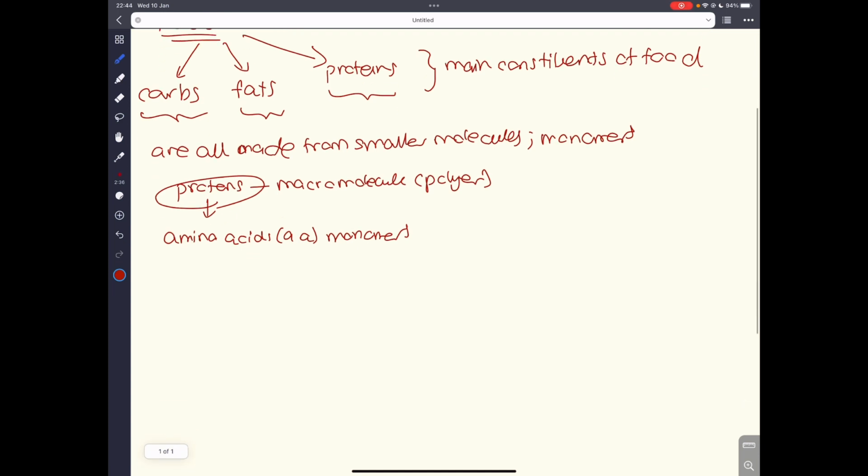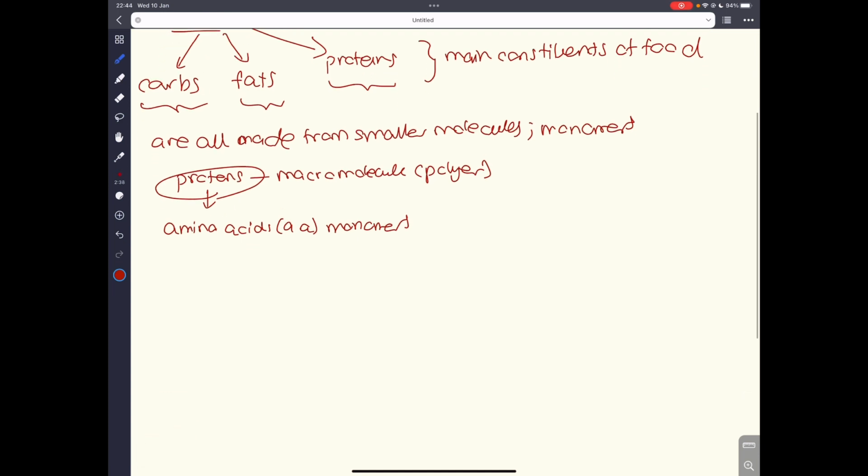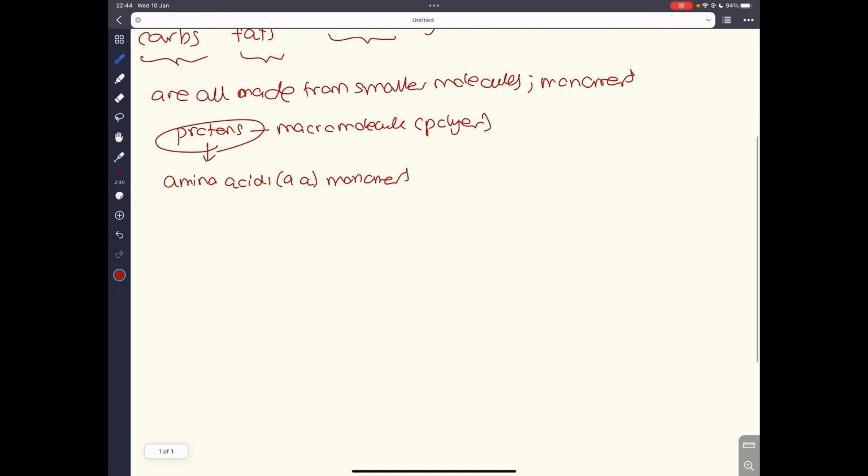Now, we have to know the different subunits from which all these molecules are made. Let's look at starch, a carbohydrate, first. Starch, glycogen, and cellulose are made from glucose.